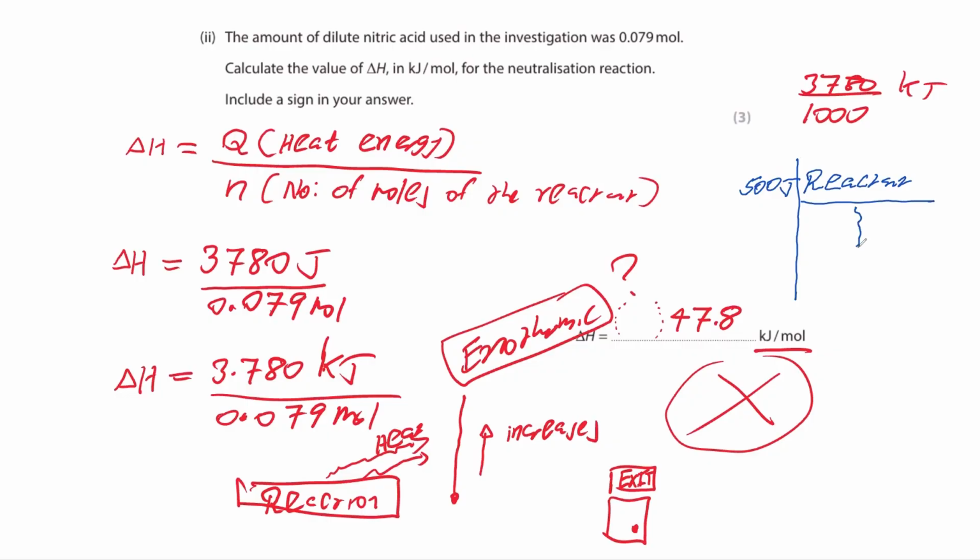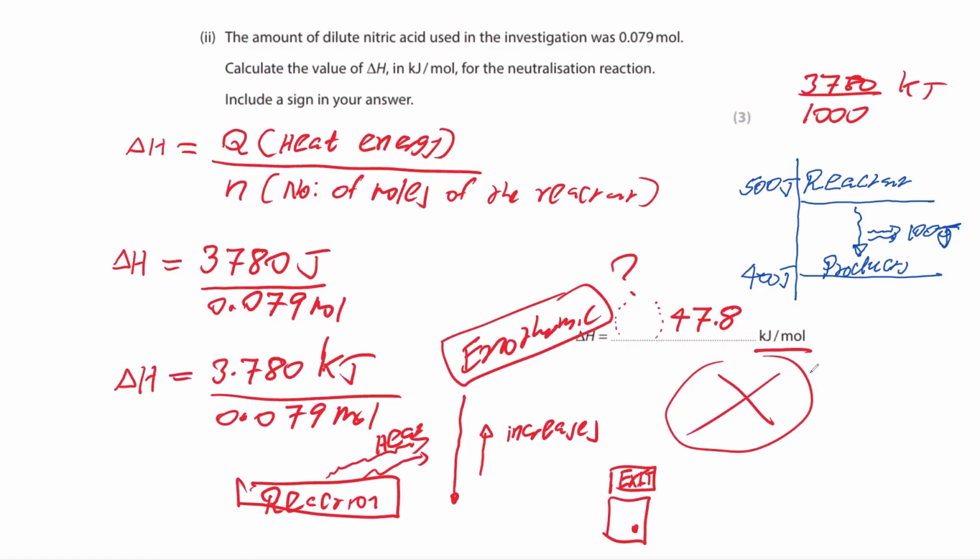Let's assume they are giving out 100 joules. You had 500, you gave 100 out. How much are you left with? 400 joules. That means when you give out energy, the products will have less energy than the reactants.